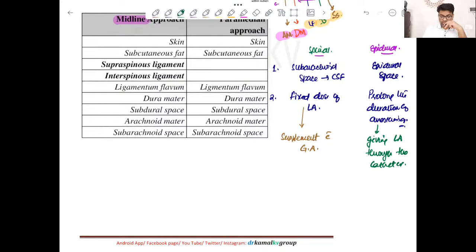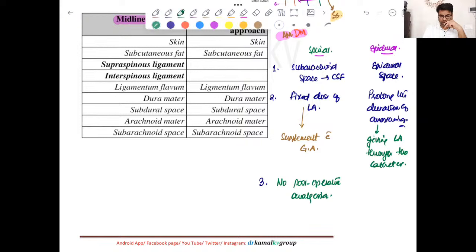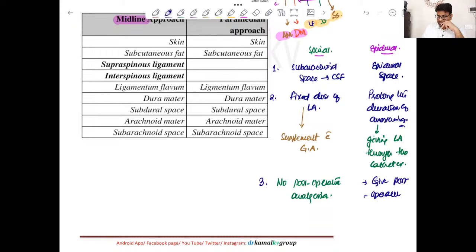Now, another important difference is that there is no post-operative analgesia through this spinal anesthesia. But what happens if we are giving epidural, if we are just putting the epidural catheter, we can give post-operative analgesic agents, right?